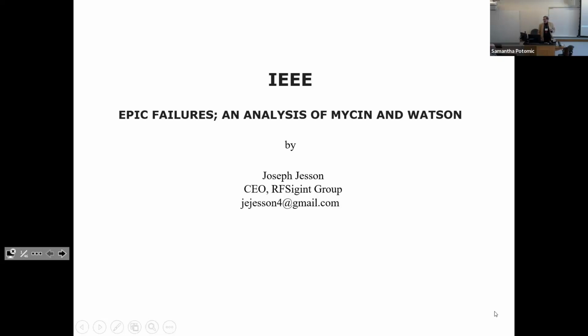And I'm going to talk about WATSON Medical. If everybody knows WATSON, we're going to talk about the amount of money and time that went into both of these. I went to independent sources to find out what works and what doesn't work with these 2 products, MYCIN and WATSON.